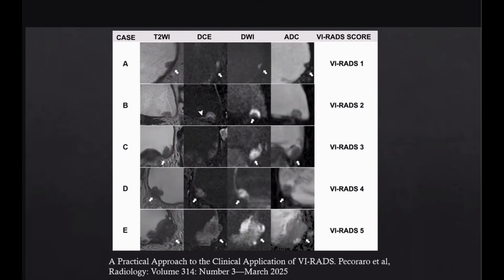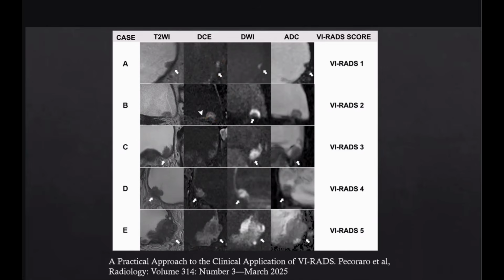Here, in the dynamic contrast enhancement, it is not invading the muscle layer. Here we have this line, as we described before, enhancing very thin line deep to the tumor. This can be hyperemia of the mucosa.